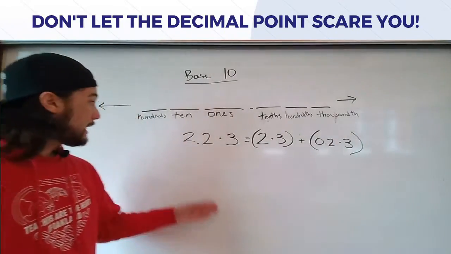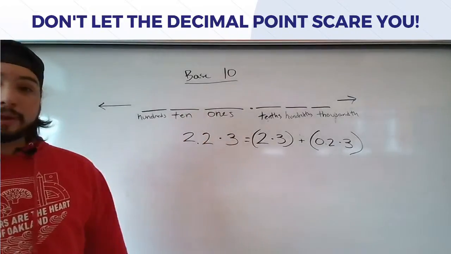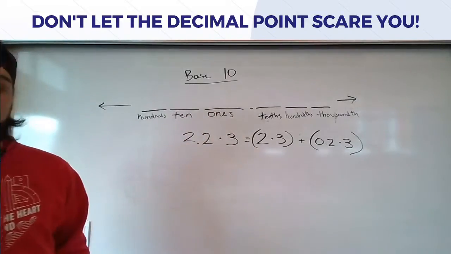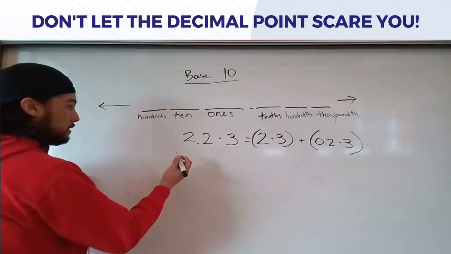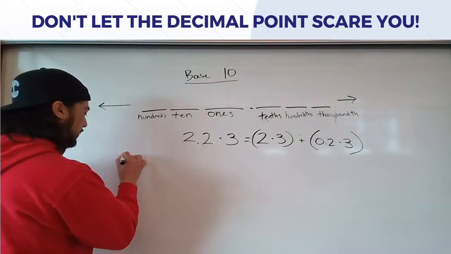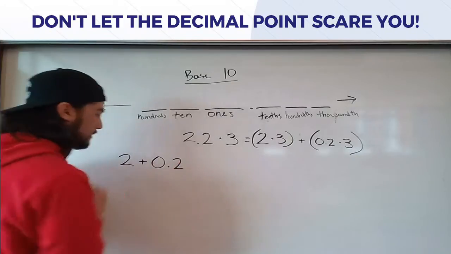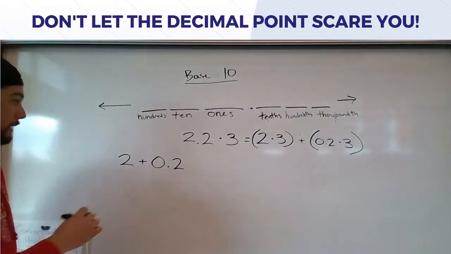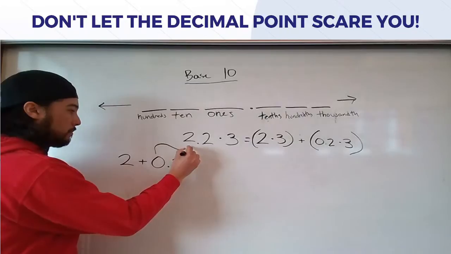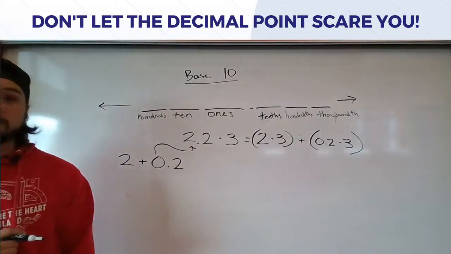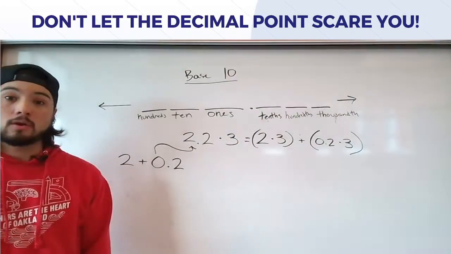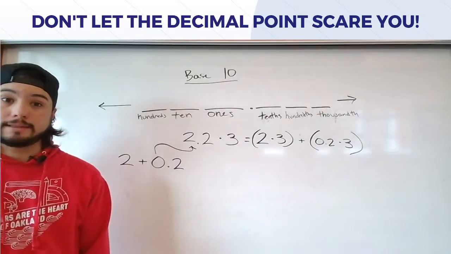Just like we're putting this in expanded form, essentially what we're saying here with this 2 and 2 tenths is that our expanded form of this would look like 2 plus 2 tenths. Okay, that's the expanded form of our whole number plus some tenths.